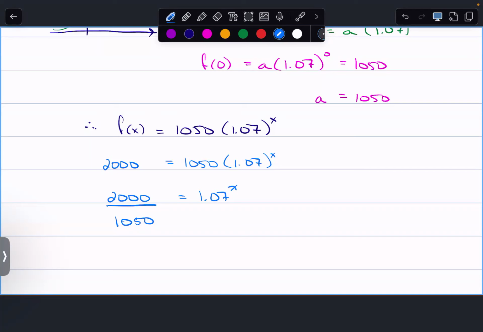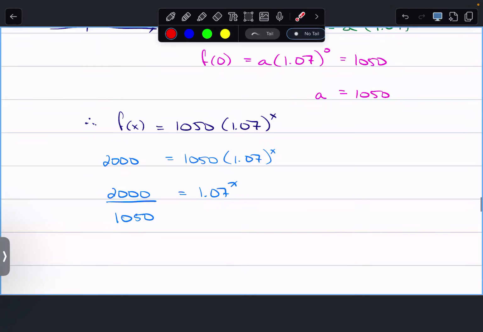Any log. In theory, you could use log base 1.07. I think that's kind of extreme, but it'll work, because log base 1.07 of 1.07 is just 1, and then you'll have log base 1.07 of 2000 over 1050. But let's take the longer way.